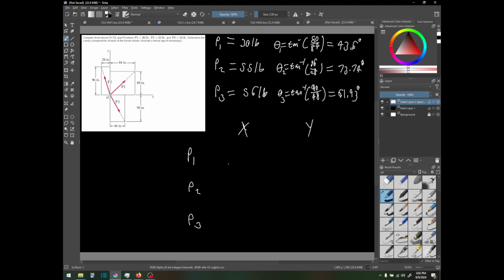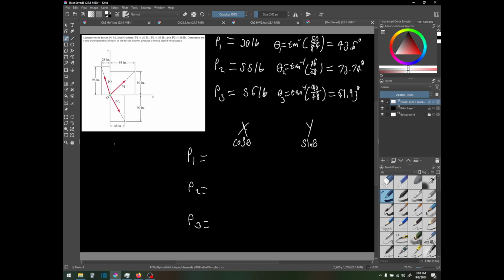So x, in this case, is going to equal 30 times the cosine theta. Let's not write that there, just to clean it up.